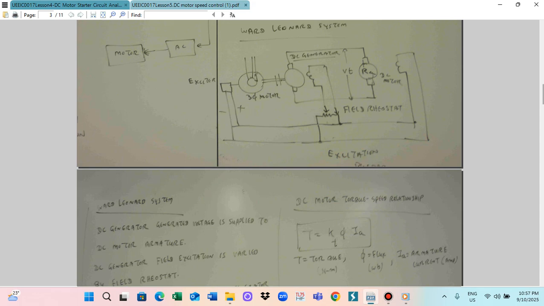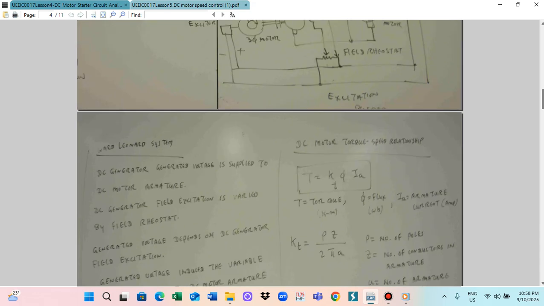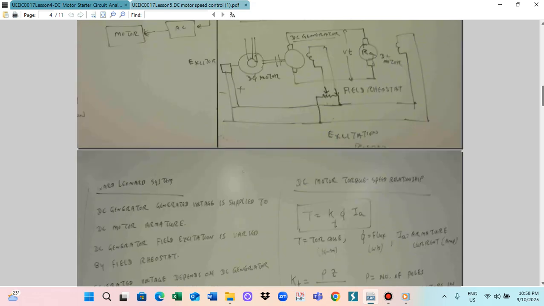So the DC generator armature voltage supplies the motor armature. In the meantime, this excitation bus bar is also connected to the winding of the DC motor. By this we can adjust the motor current. So the generator current can be adjusted by using the adjuster.